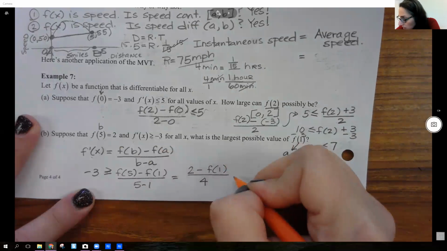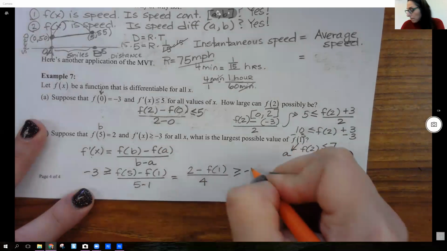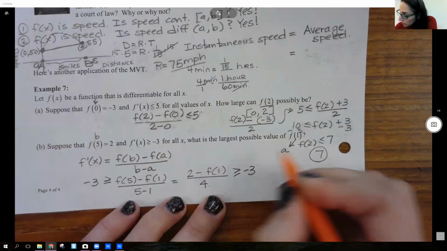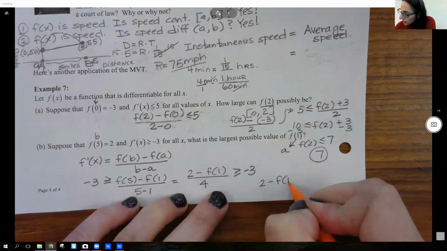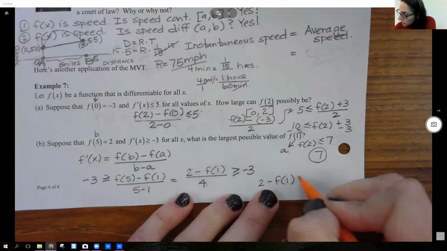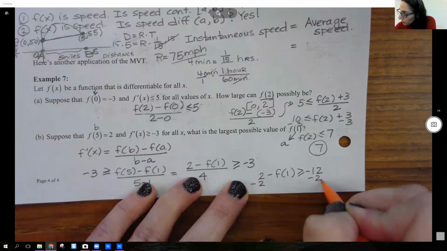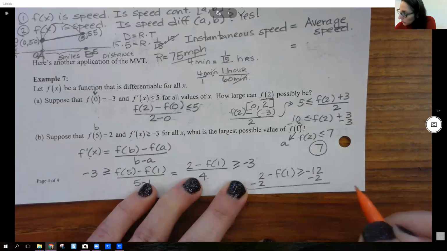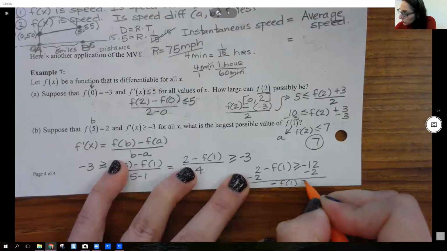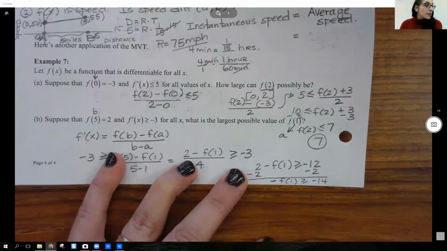No, I think this has to go on the other side. So if you multiply by 4, that's going to be 2 minus f of 1 multiplied by 4 on both sides. So this would be greater than or equal to -12. Subtract 2 from both sides. So negative f of 1 is greater than or equal to -14. Yeah, now it's going to make sense.